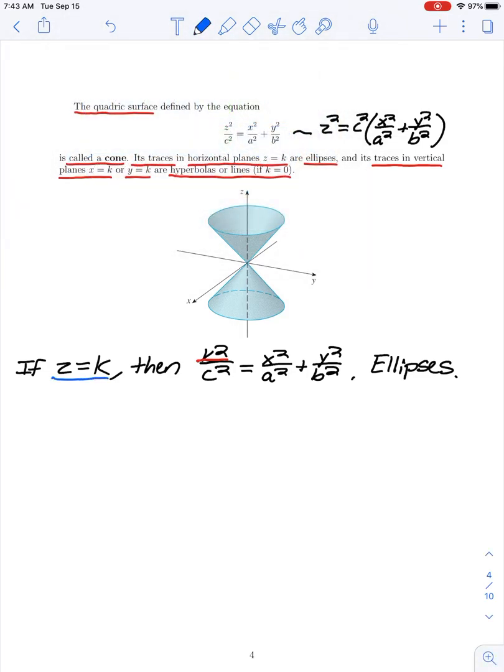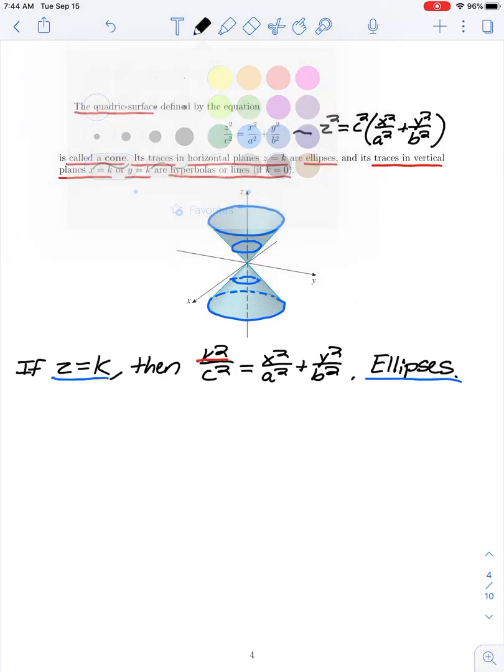So in these horizontal planes, z equals k, we have ellipses where the further that we move upward from the xy plane or downward from the xy plane, as we increase the magnitude of k, we're going to have these different ellipses.